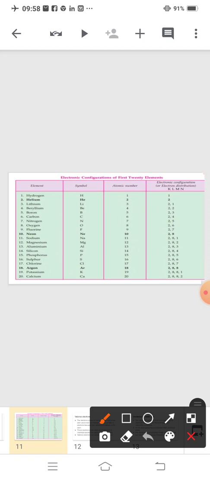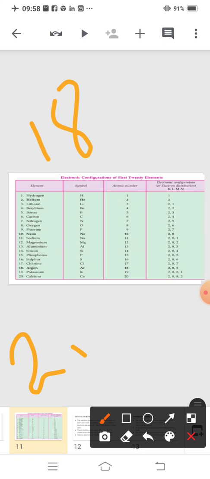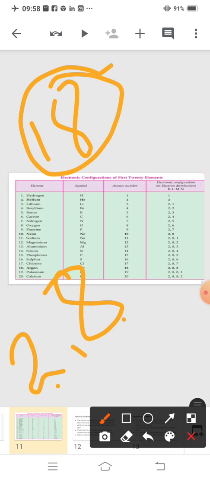Argon. Atomic number of argon is 18. In the first shell you can locate 2 electrons. In the second shell you can locate 8 electrons. So 2 plus 8 is 10. Out of 18 you have already located how many electrons? 10 electrons. Now how many are remaining? Tell me fast. 8 are remaining.